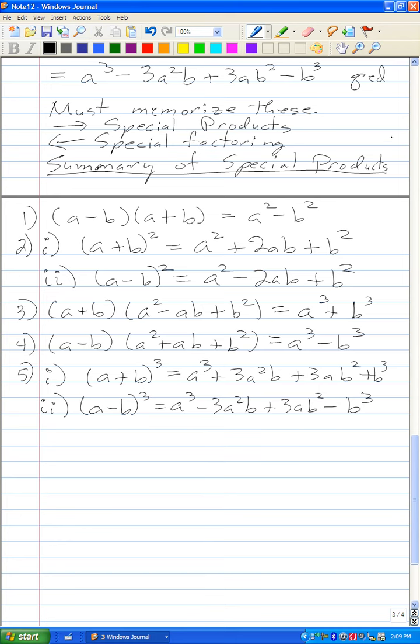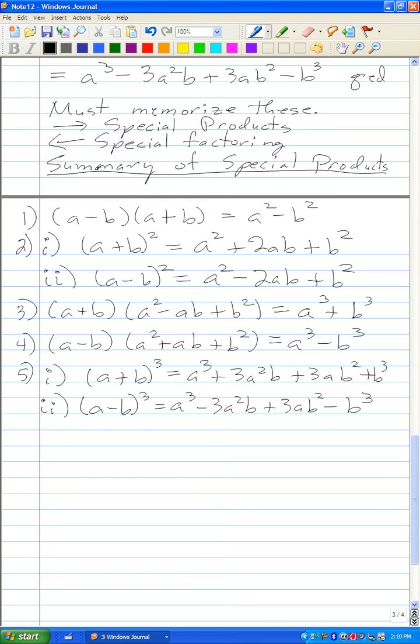And so that's going to be extremely important. So you have to memorize these by Monday, so that you'll be able to use them. These special product formulas will be important not only in this course but in your future courses.